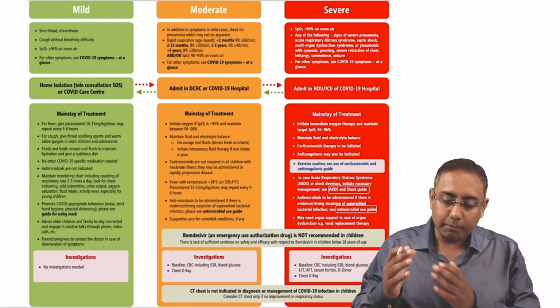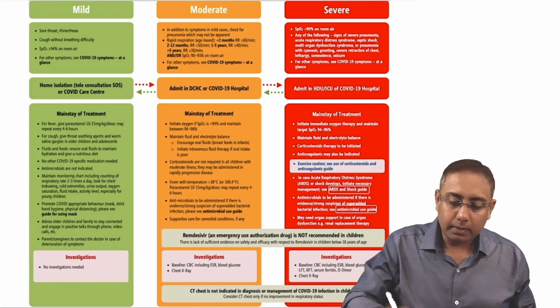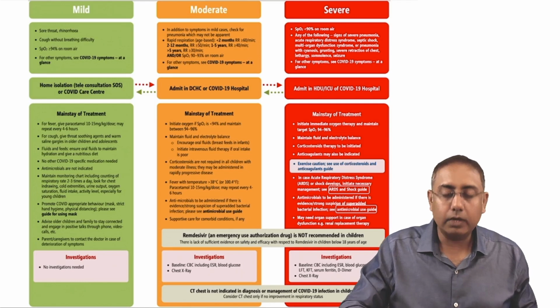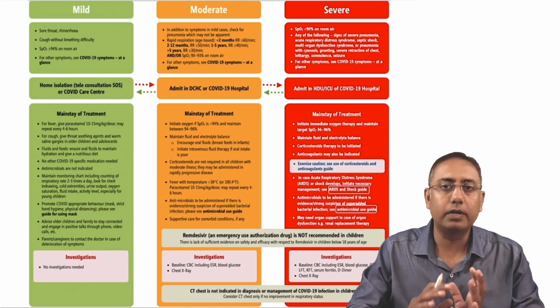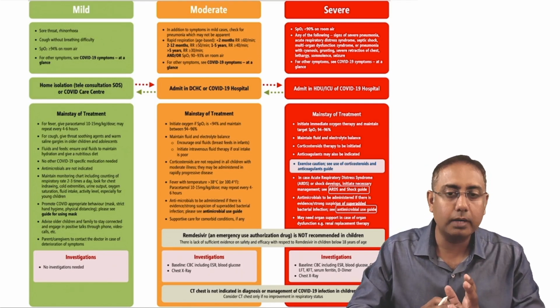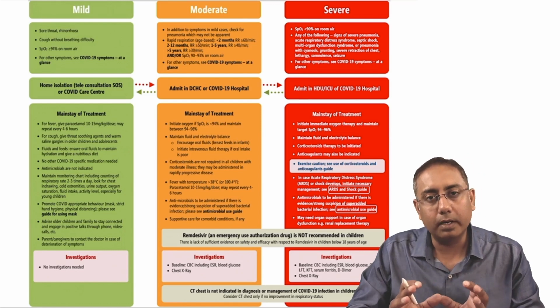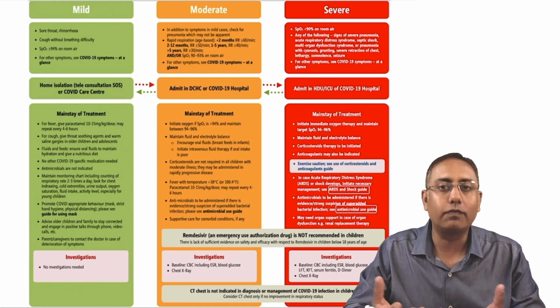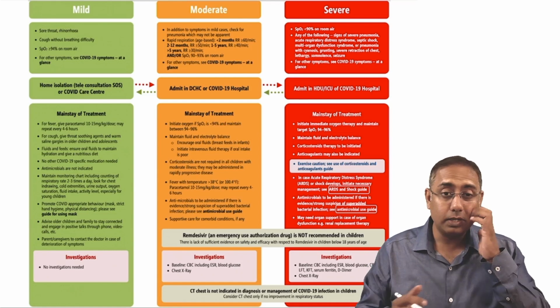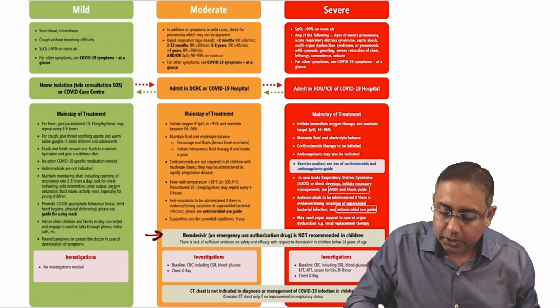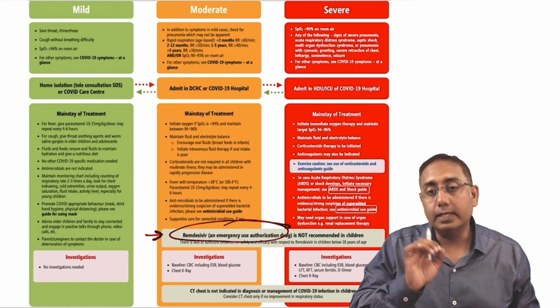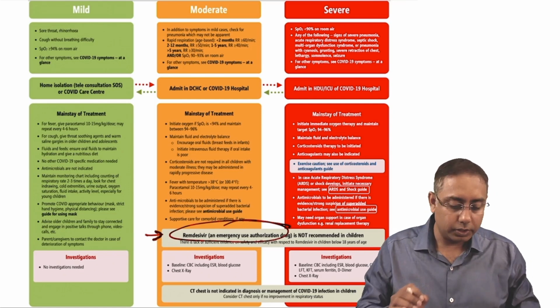So in cases of moderate to severe COVID cases, we are going to give only antibiotics. We are going to check for the oxygen therapy and to give them steroids in case it is required for severe. Please note that remdesivir and emergency use authorization is not recommended in children.